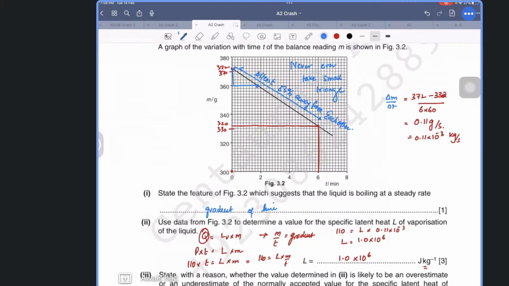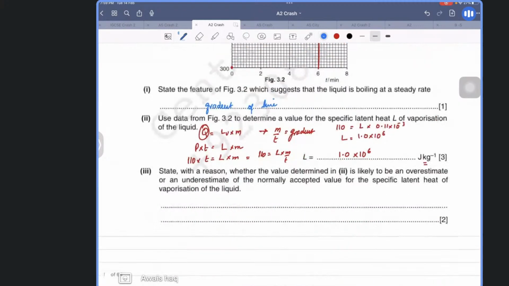Okay, now then it says state with a reason whether the value determined is likely to be an overestimate or underestimate of the normally accepted value for the specific latent heat. What do you guys say? Overestimate. And the same answer would be like the previous one.